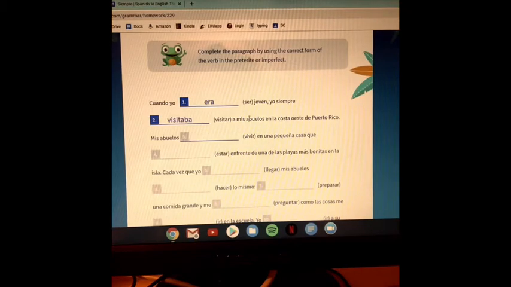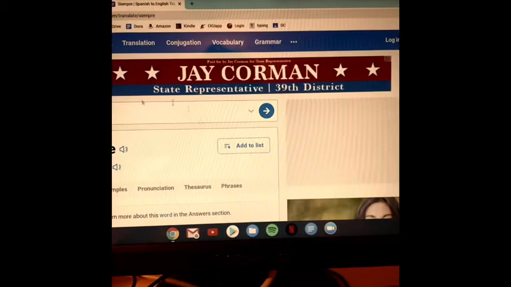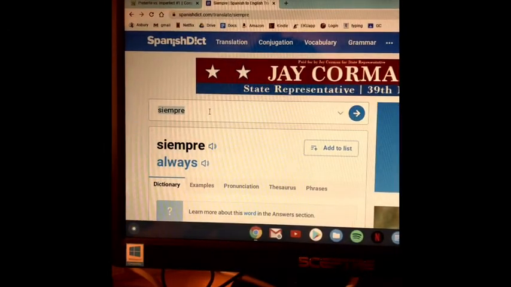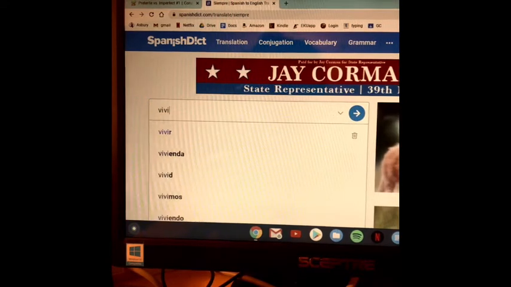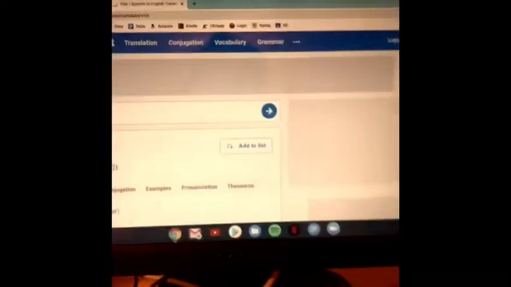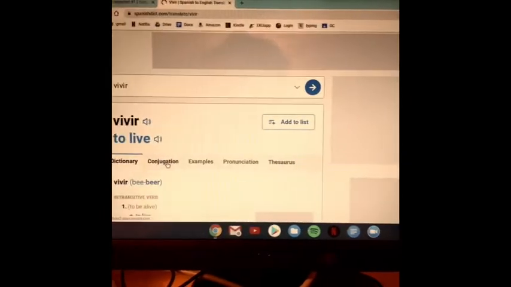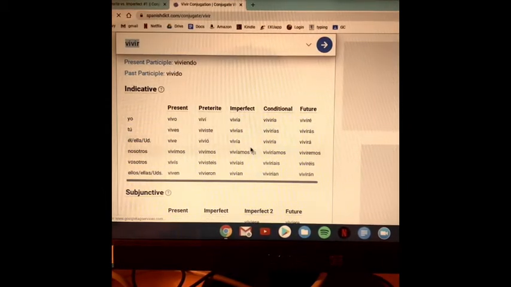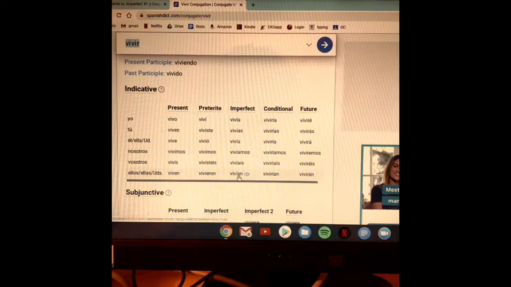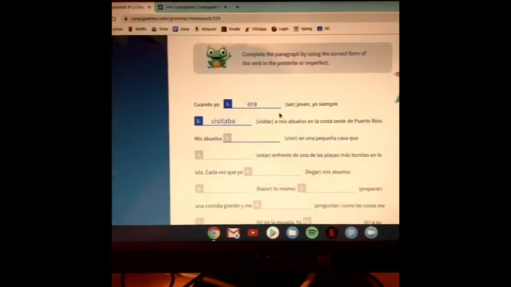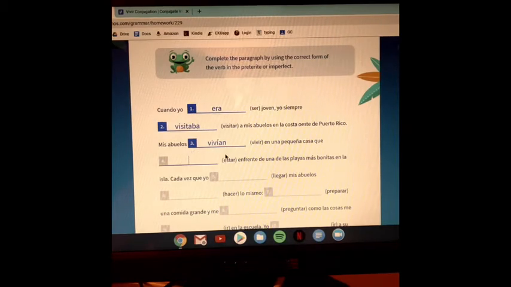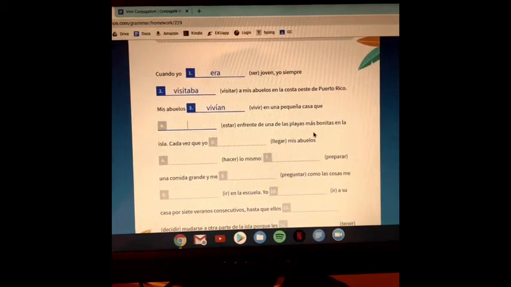Remember the endings for the ER and IR verbs in imperfect are different than the AR verbs, because AR is aba, but ER and IR is all this: ía, ías, ía, íamos, íais, ían. So vivían is the answer that we want. And don't forget your accents. It'll count you wrong if you don't have an accent. Very important, as we know. All right.